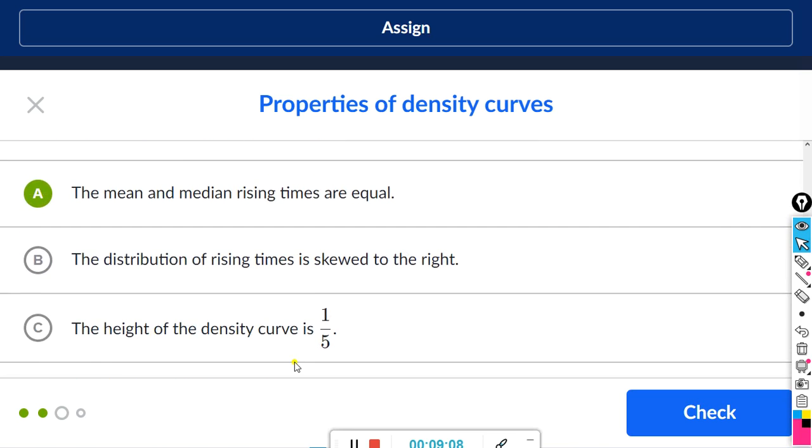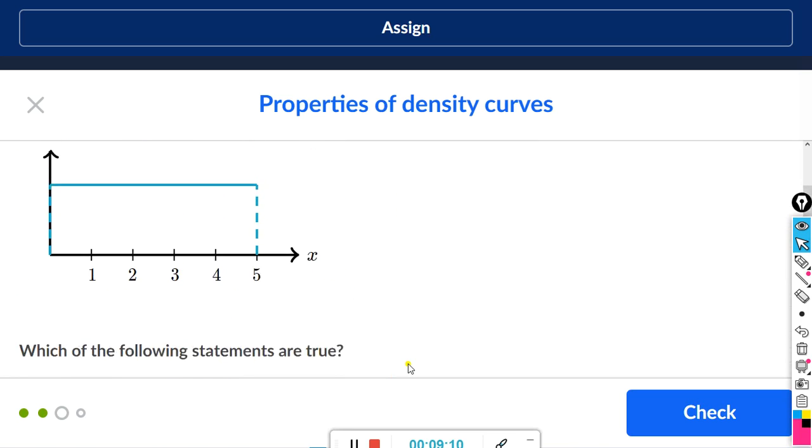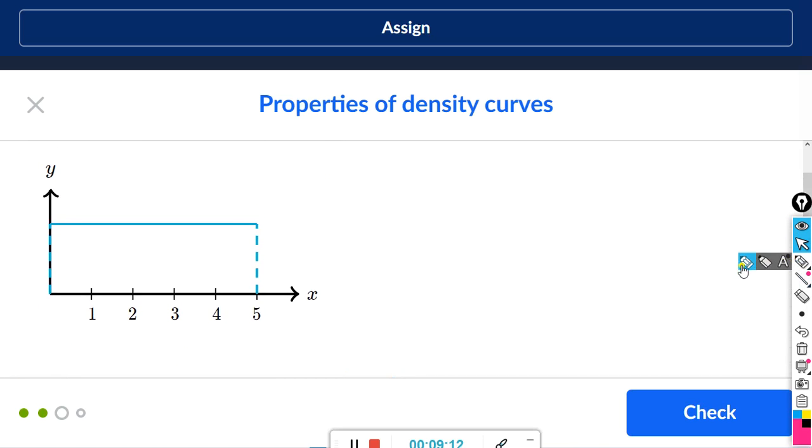Answer C, the height of the density curve is 1/5. Recall we said this represents 100% or an area of 1. We know that the area of a rectangle is just length times width, or base times height, and the area equals 1.